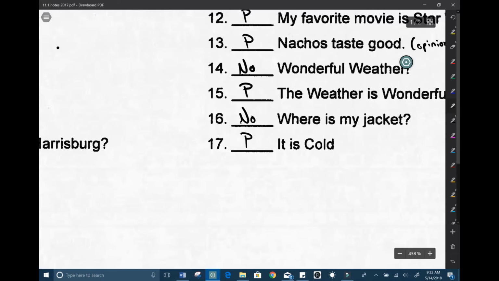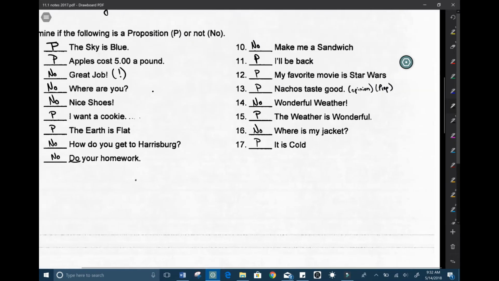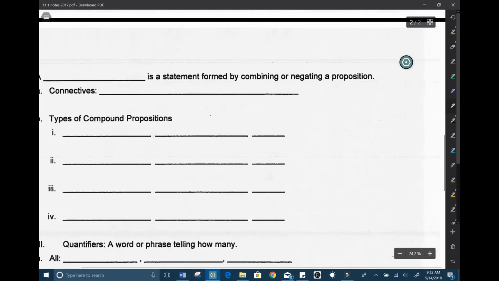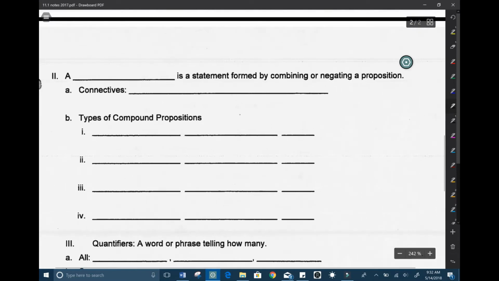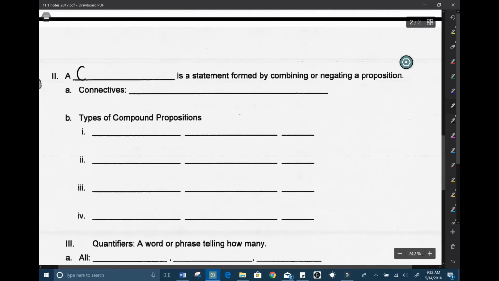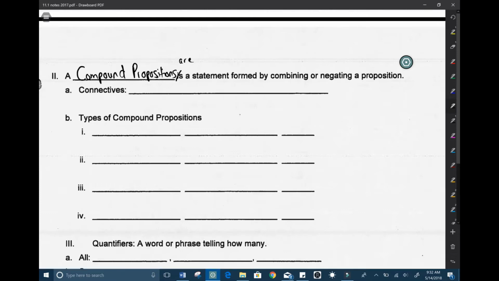Wrapping it up here. So on the back, oh boy. Take a deep breath. Here we go. So compound propositions. Compound propositions are a statement formed by combining or negating a proposition.